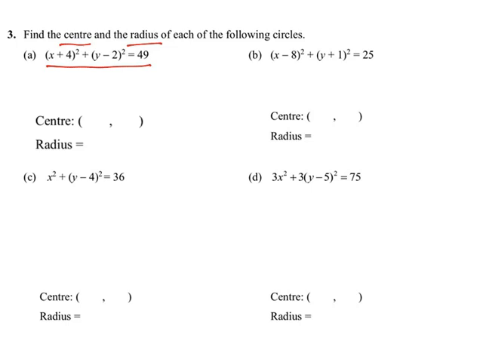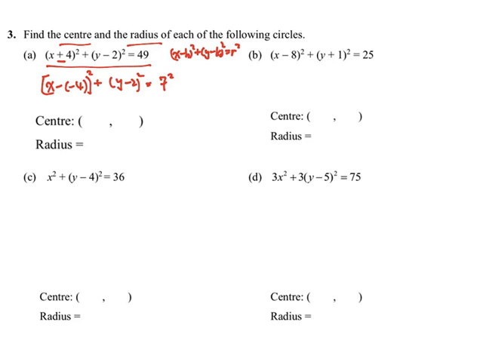First, we can look at the standard form: (x minus h) squared plus (y minus k) squared, and then equal to the radius squared. So actually we can change to this format. So positive, we can change to this negative 4, and then y minus 2, no change. And then 49 is actually 7 squared.